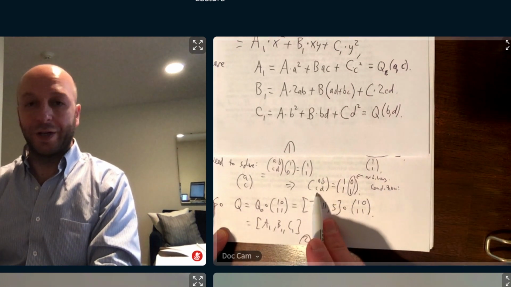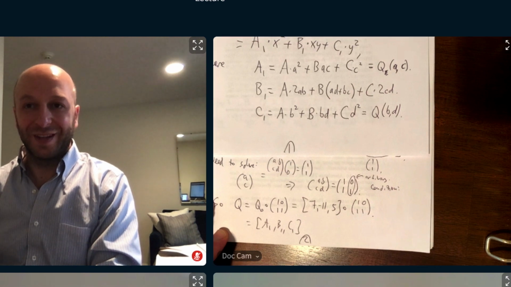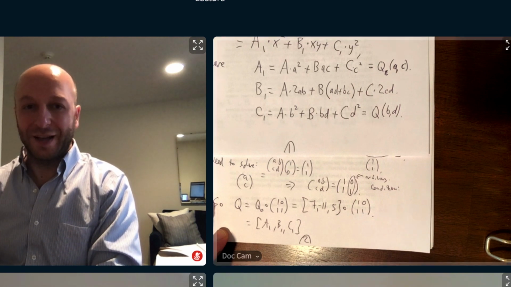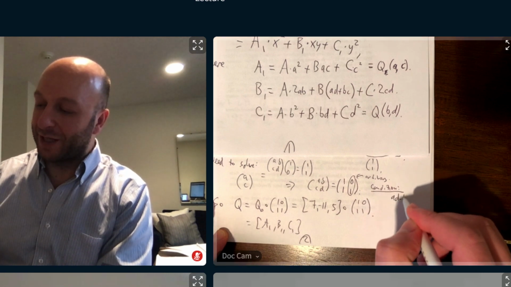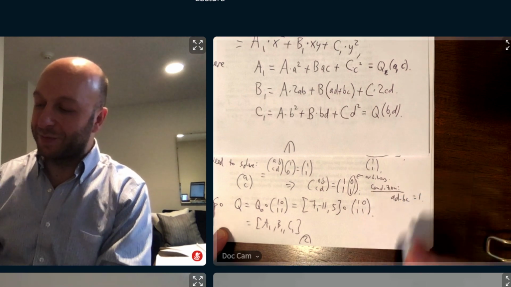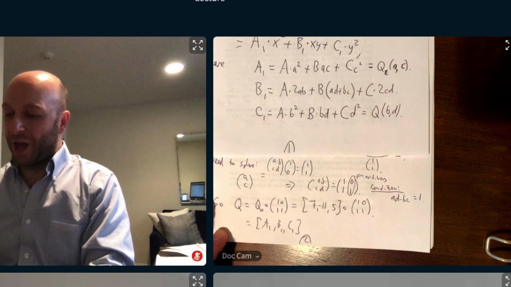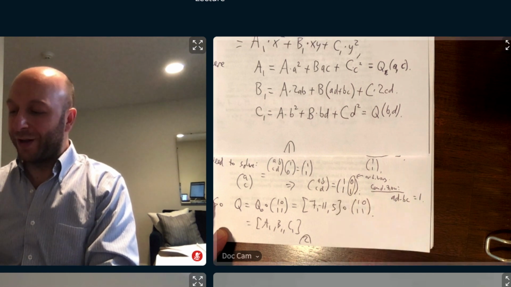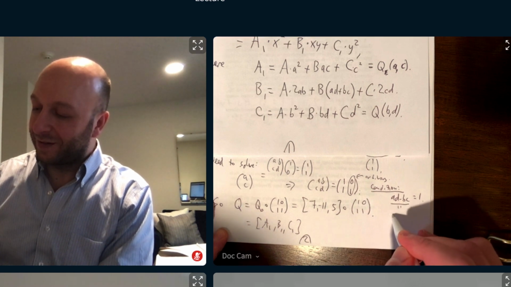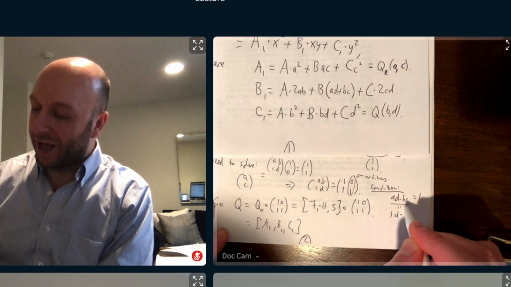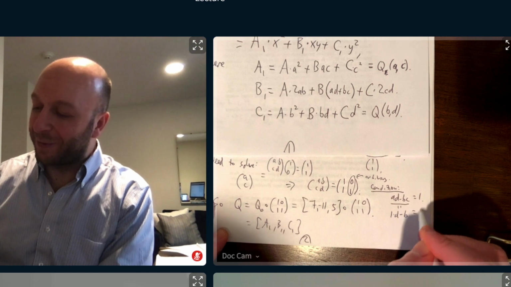If I know that A is 1 and C is 1, what's the condition that needs to be satisfied? The condition is, let's say AD minus BC is 1. It could be negative 1, but let's just make it 1. We've determined that A and C should be 1 and 1, so 1 times D minus B times 1. D minus B is 1.